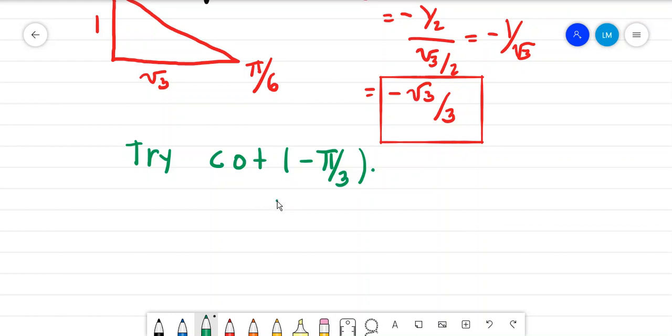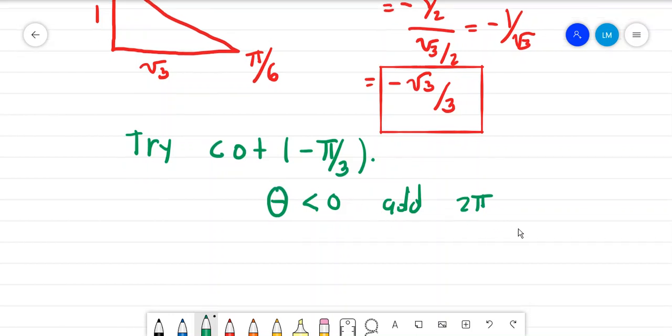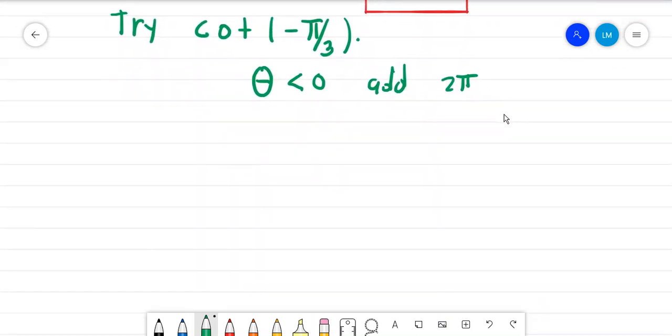To find the coterminal angle, you look at theta, and if it's less than 0, you have to add 2 pi to it. But then from there, you would have to find the reference angle. Now, technically the reference angle is indicated, but I just want you to try it out so that you can see that the reference angle is right there.